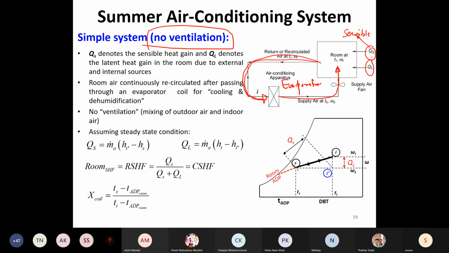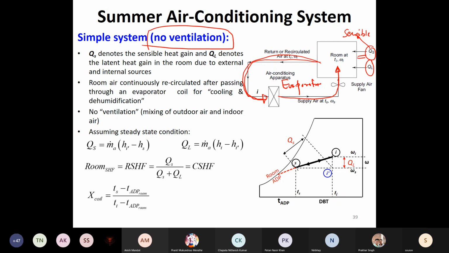Definitely the heat leak from ambient to the indoor through the walls and the roof. Combination of conduction, radiation and convection. So during the daytime, solar radiation is the major component of the heat gain. That is sensible. That goes into the sensible column.